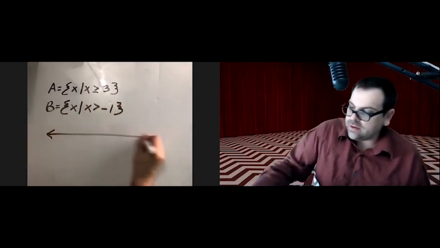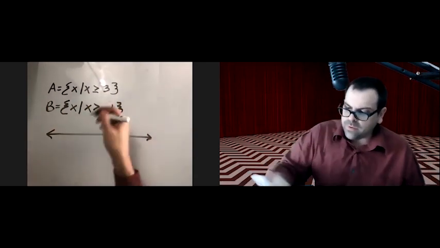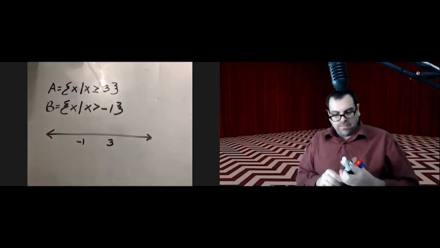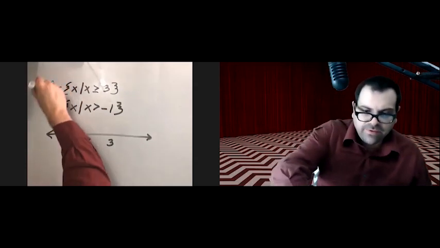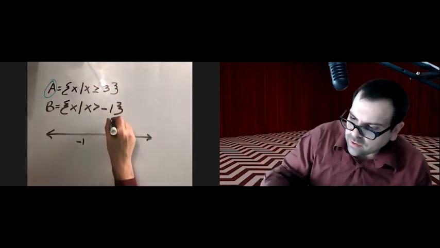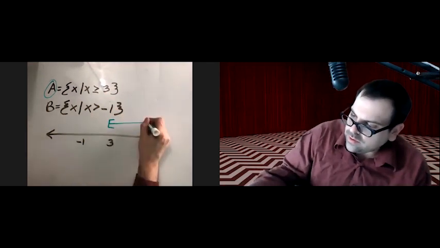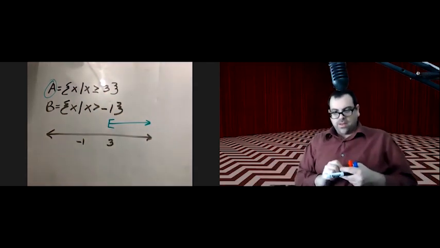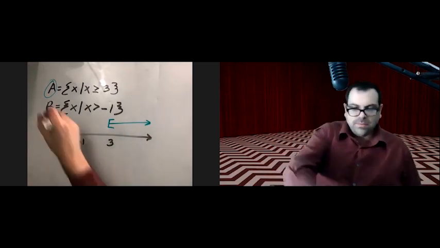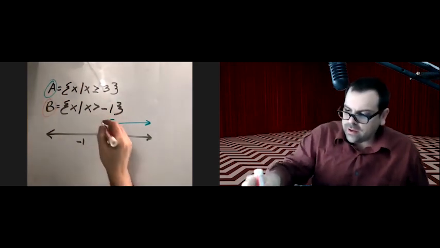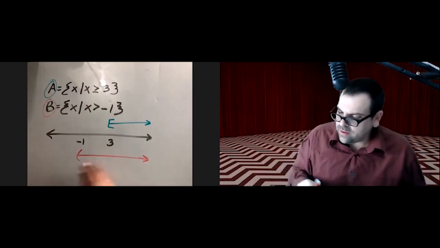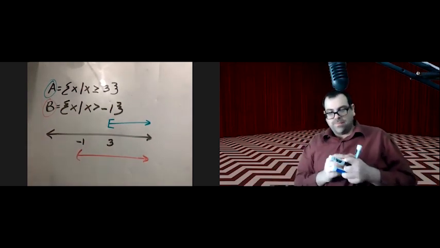On a number line, we would need -1, we would need 3. I'm going to go ahead and graph A. A is x is greater than or equal to 3. I'm going to use red for B, greater than -1, parenthesis there.